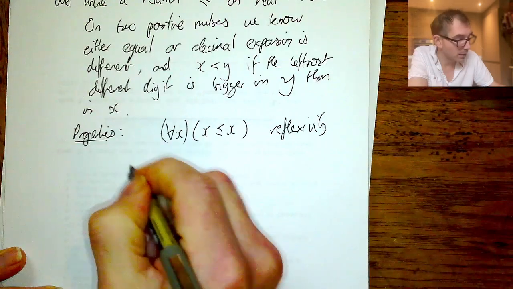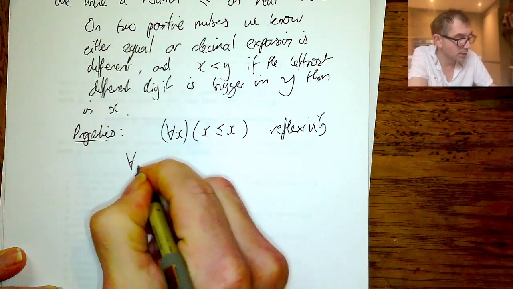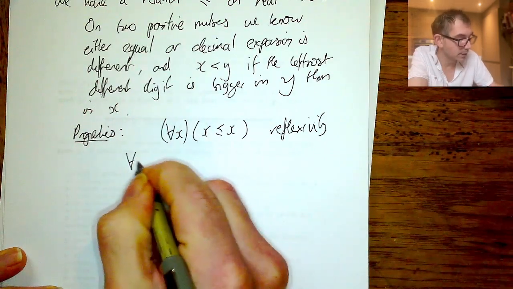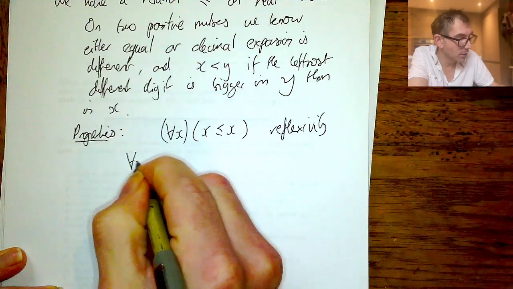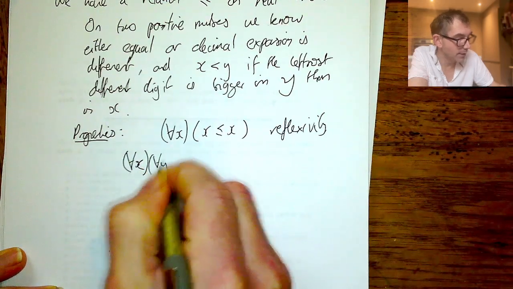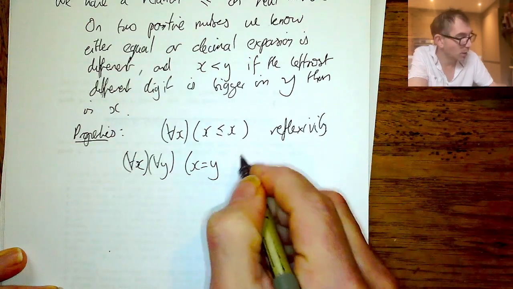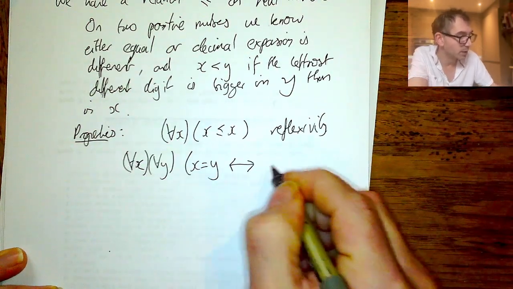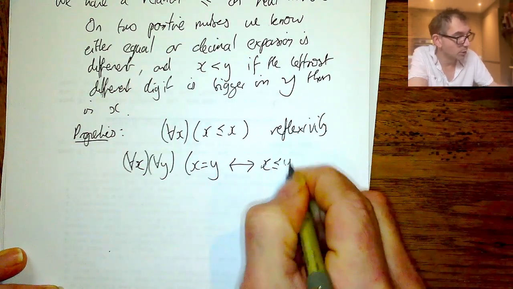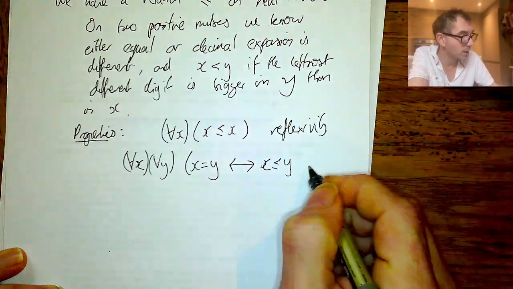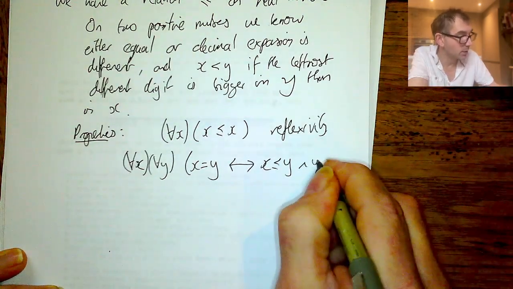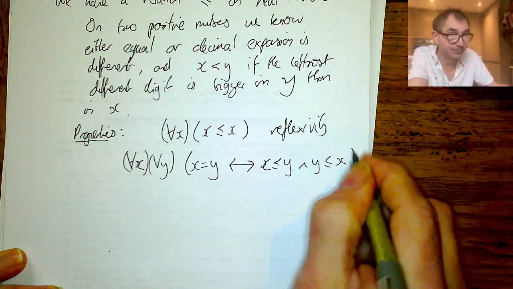There is a nice property that is called anti-symmetry. For all x, for all y, we can tell when x is equal to y because x has got to be less than or equal to y, and y has got to be less than or equal to x.